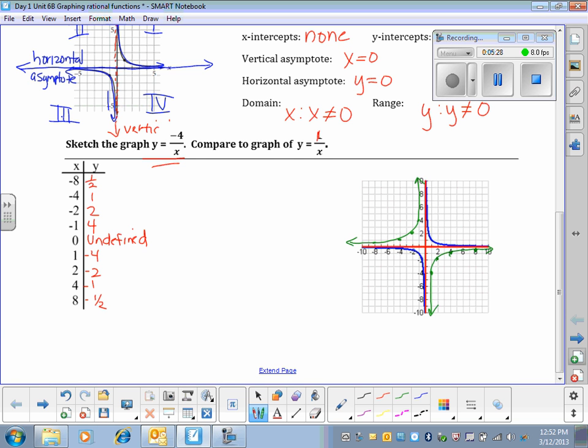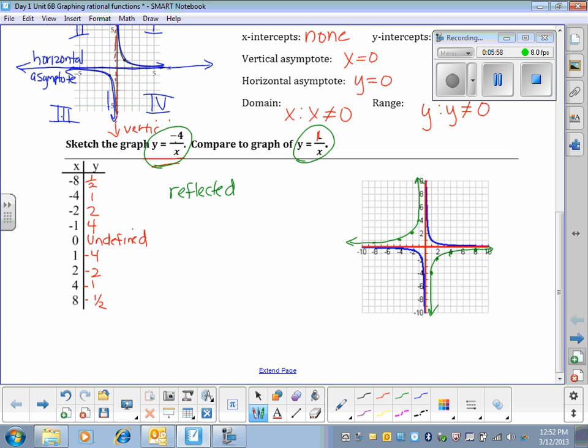So the only difference between this one, the parent graph, and this one is that -4, right? So the negative on this tells us that it's reflected, and it's reflected over the x-axis. So the blue reflects up to the green. You see that? The 4 actually changes the shape, but very, very slightly, so we're not going to worry too much about that.